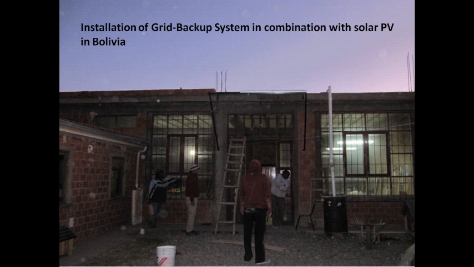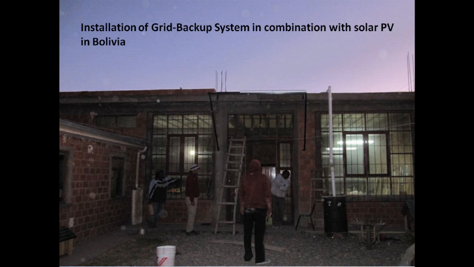And here is a practical example of how this has been used. This photo is from the installation of a grid backup system in combination with solar PV in Bolivia. So this system is in the outskirts of the La Paz area on 4,000 meters above sea level. In some parts of La Paz, the grid can sometimes be overloaded and have other problems.